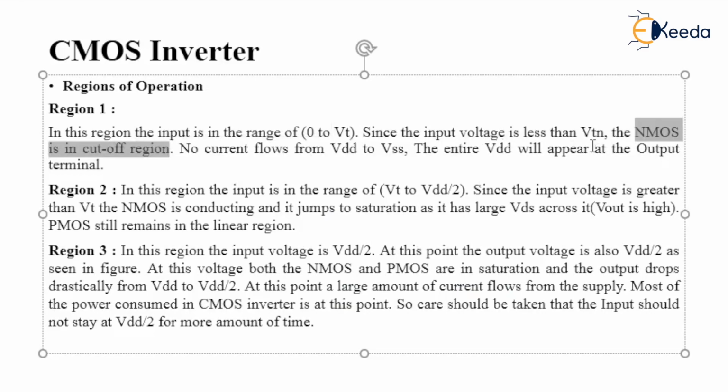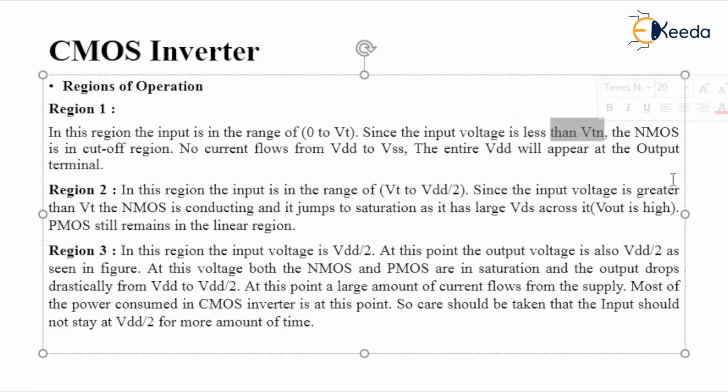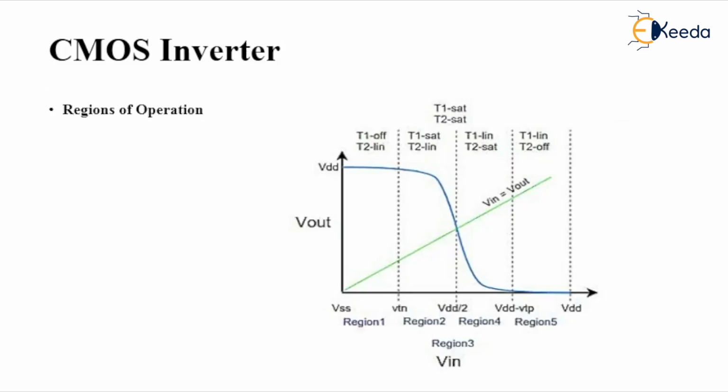Only when the input exceeds the threshold voltage. So between 0 and Vt, the input voltage is less than the threshold voltage. Therefore the NMOS will be in cutoff, so no current will flow from VDD to Vs. Therefore the entire VDD will appear at the output.